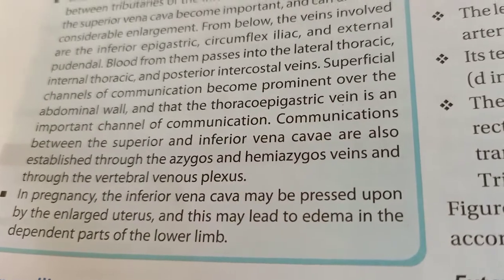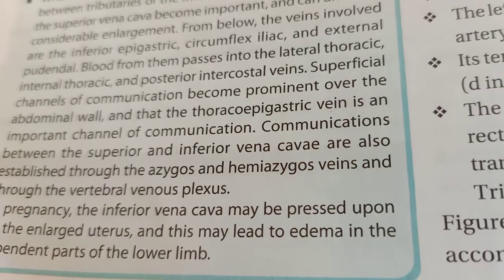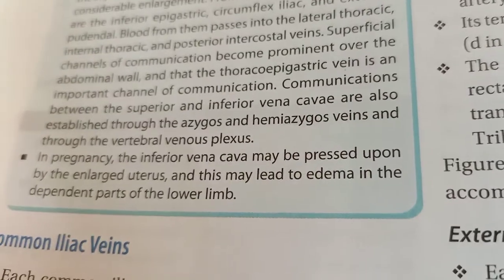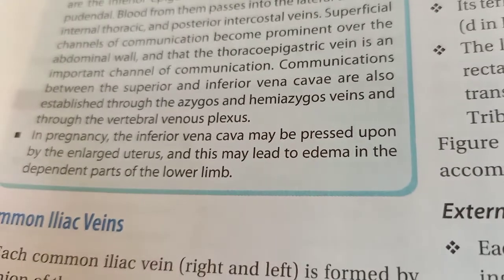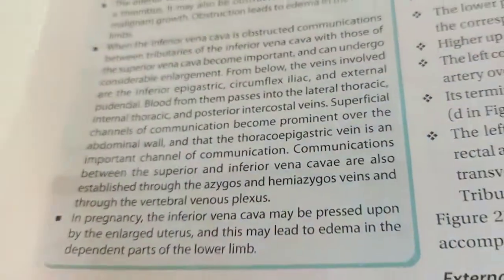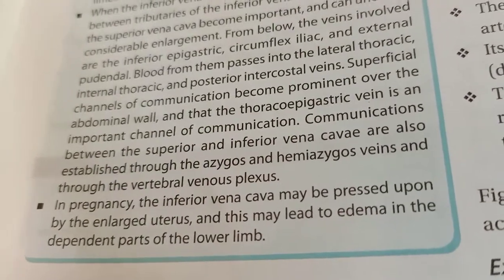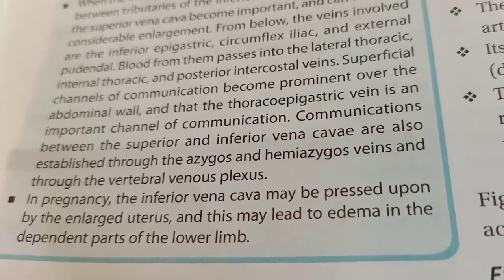During pregnancy, the enlarged uterus, which is a pelvic organ, becomes an abdominal organ, so it can press the IVC. This can lead to edema in the dependent parts of the lower limb. Why is there edema? Because the IVC brings deoxygenated blood from the lower limb.